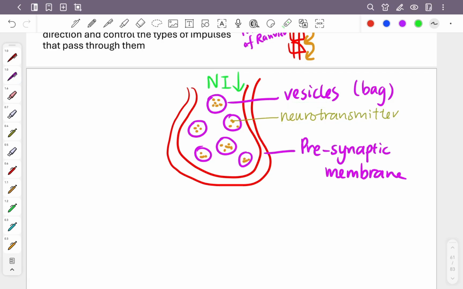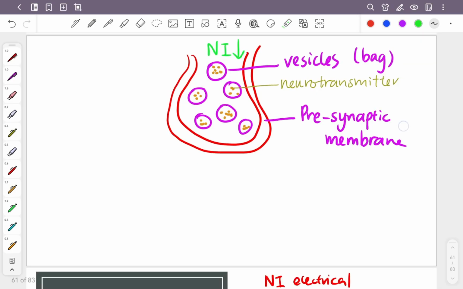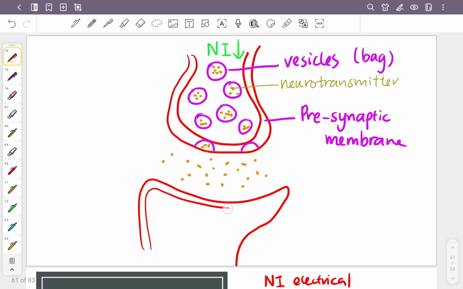The vesicle can fuse with the membrane, so the neurotransmitter can be released into the synapse. Understand? And then you will have another membrane here. This is what you call the postsynaptic membrane, correct?